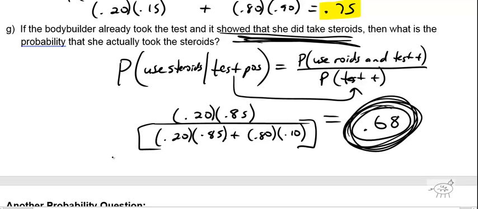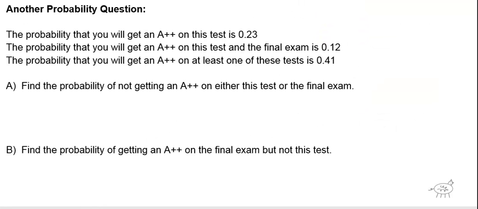So let's move on to our last problem here. It's a little bit different than false positive and negative. It's just another type of probability which we need to go over here, okay? So let's talk about that. Okay, so the probability that you'll get an A++ on this test is 0.23.